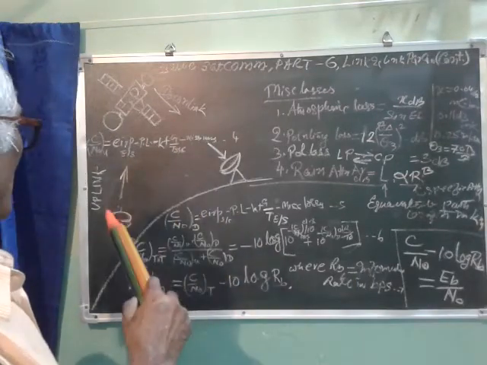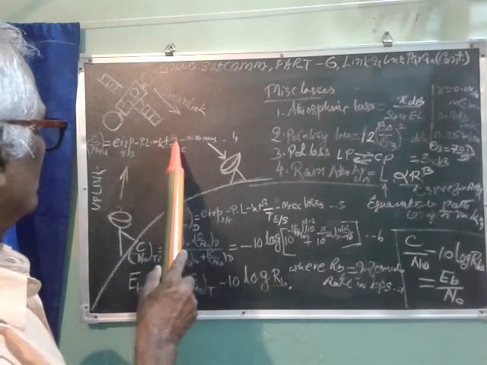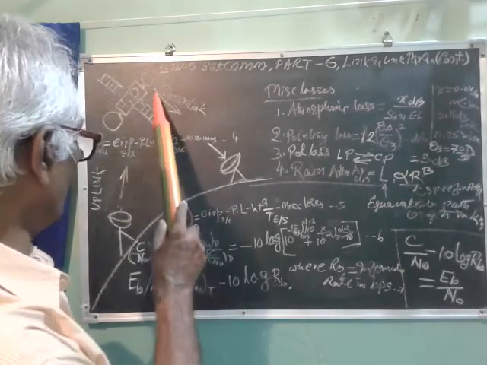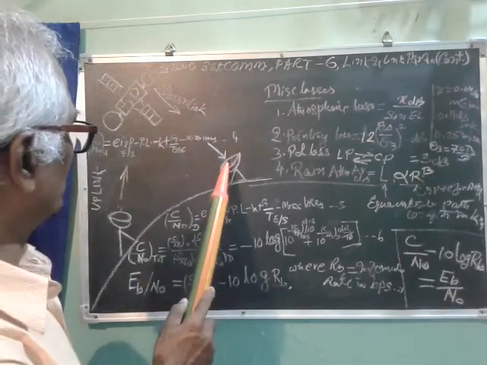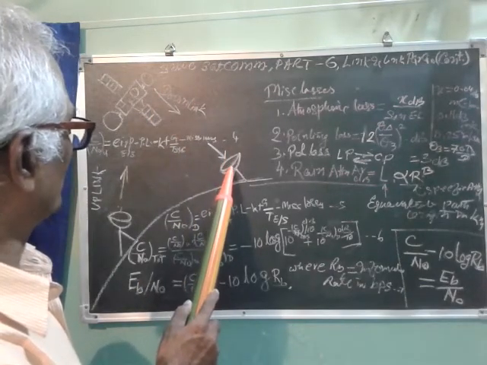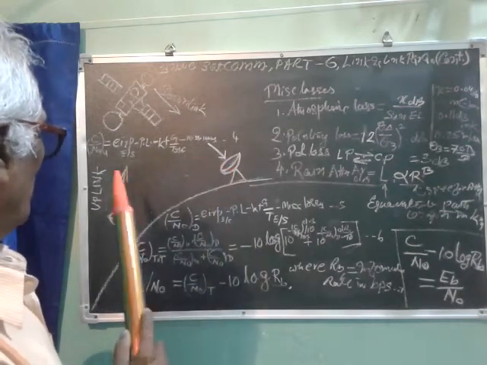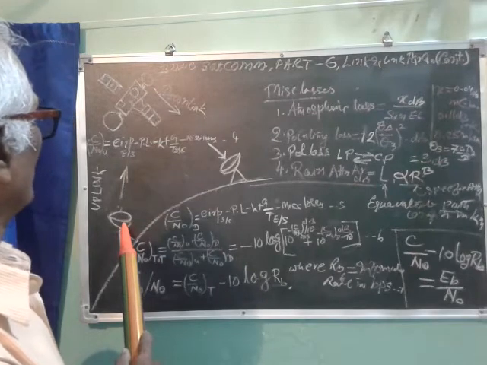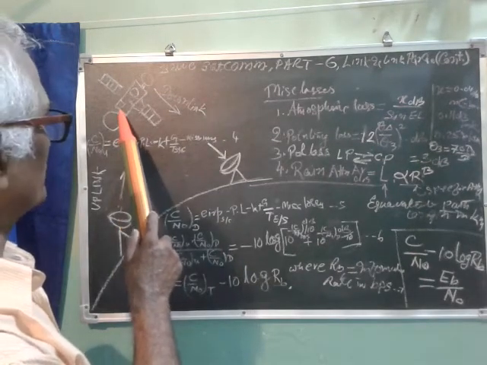Therefore, for the uplink it is the ERP of the Earth station and G by T of the spacecraft, and for the downlink it is the ERP of the spacecraft and G by T of the Earth station. Here the uplink ERP will be maximum compared to G by T of the spacecraft.